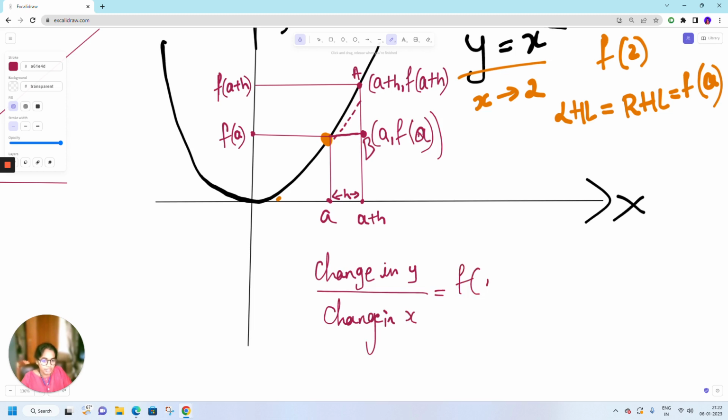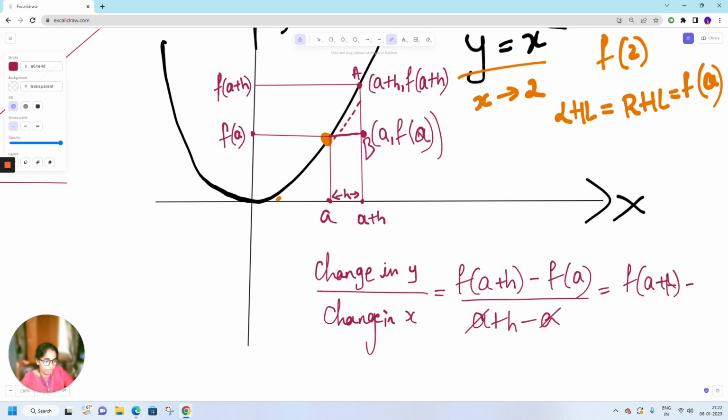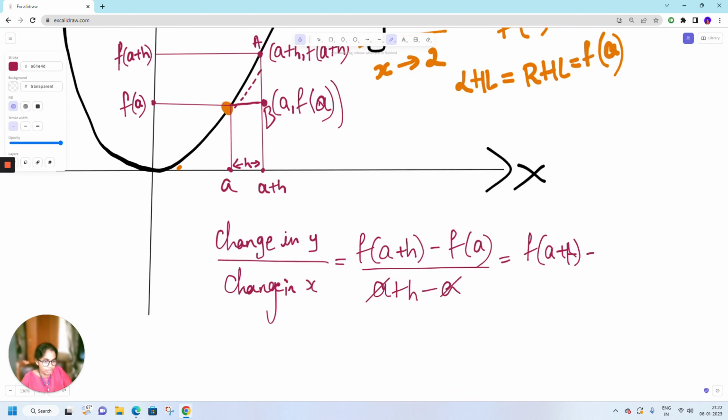Change in y is f of a plus h minus f of a, divided by a plus h minus a. So a and a get cancelled.